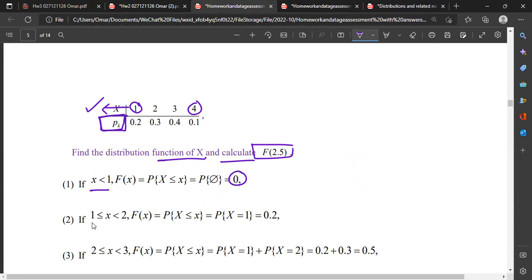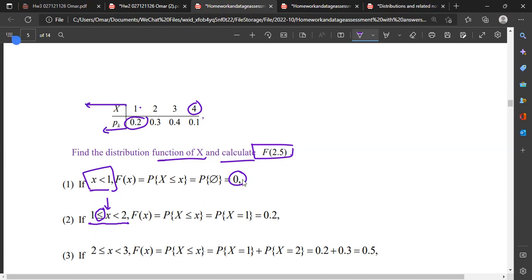And when x is greater than or equal to 1 and less than 2, so you see here equal to sign, right? Greater than or equal to. So equal to sign means x can be equal to 1. So we calculate from 1 to here on the left side. Okay, so here the pk, the probability is 0.2, right? So previously when x is less than 1, we calculate from 1 to the left side.